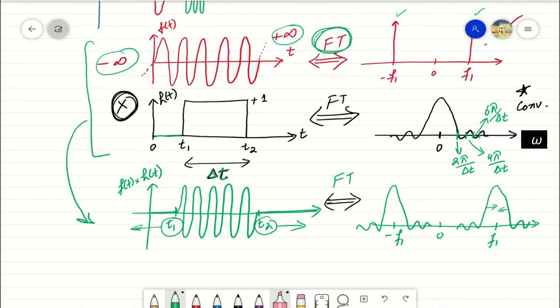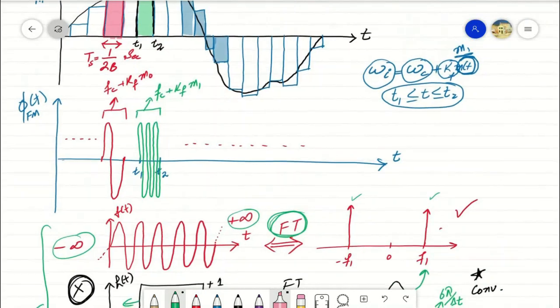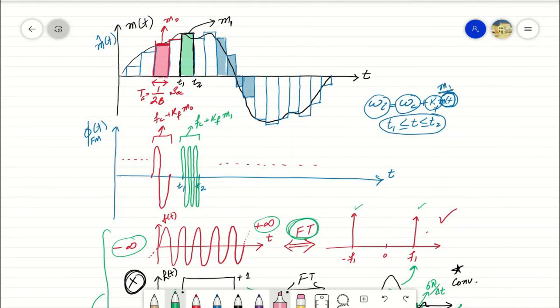So if we expand the span of this rectangle function, we will observe this sinc as shrinking and approaching an ideal impulse signal.